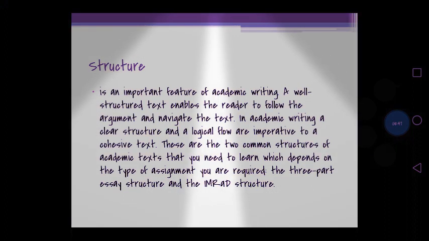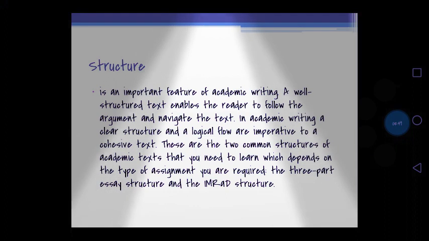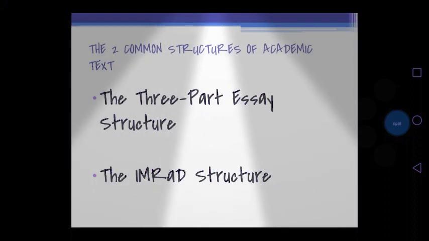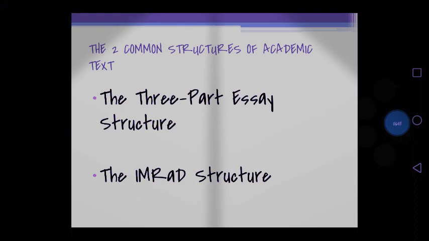These are the two common structures of academic text that you need to learn, which depend on the type of assignment you are required: the three-part essay and the IMRAD structure.